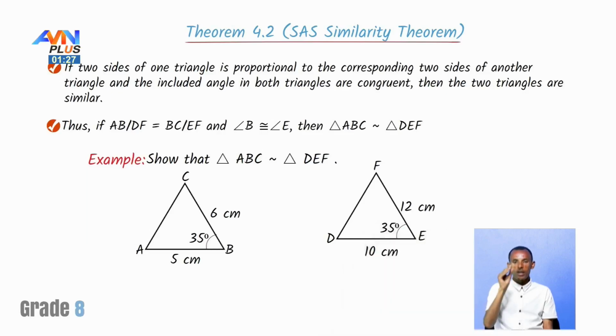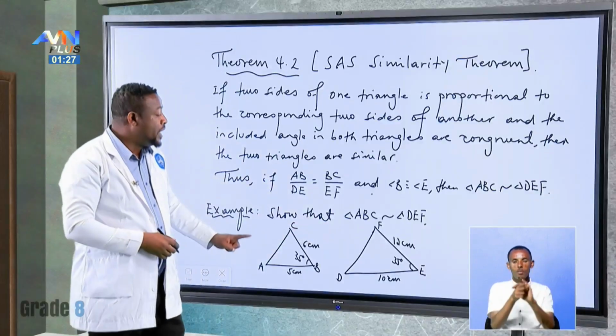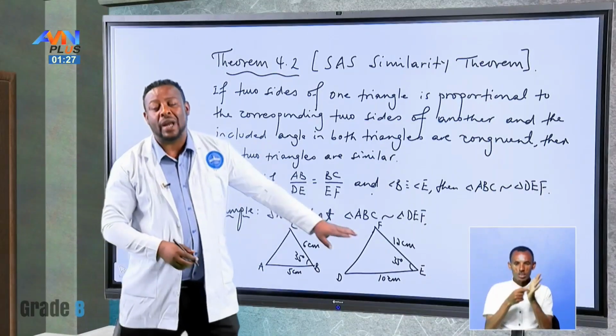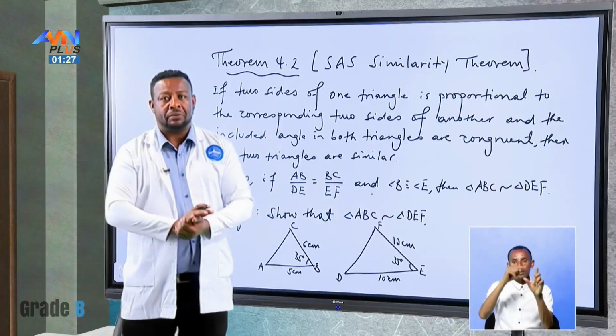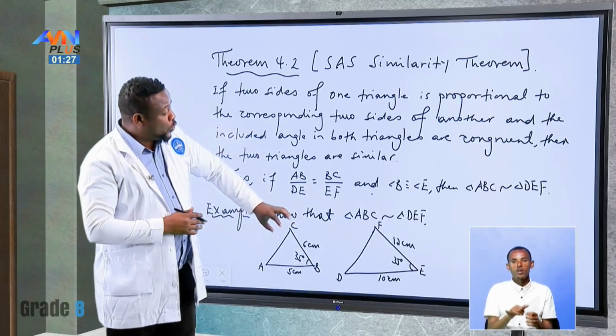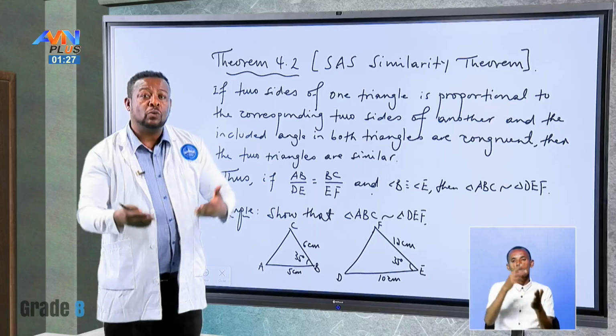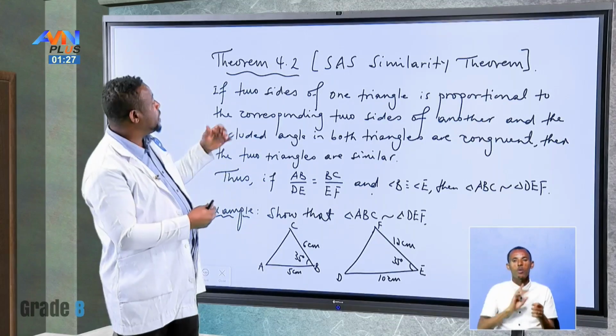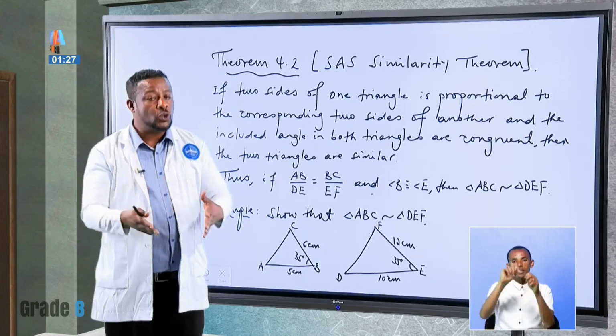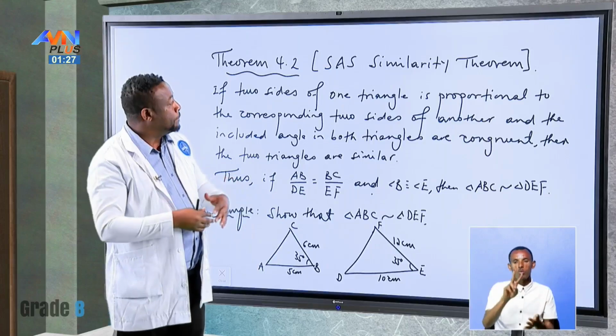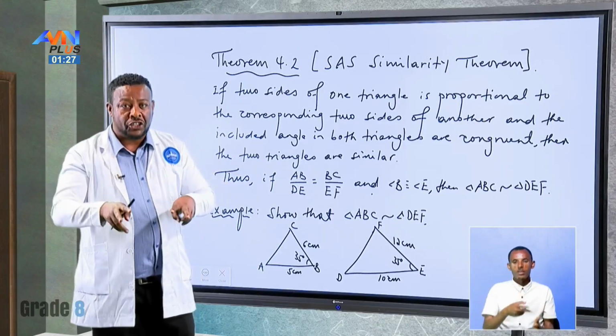So in this example, we are asked to show that these two triangles are similar, right? So to show these two triangles are similar, we need to remember theorem 4.2, which requires two conditions.